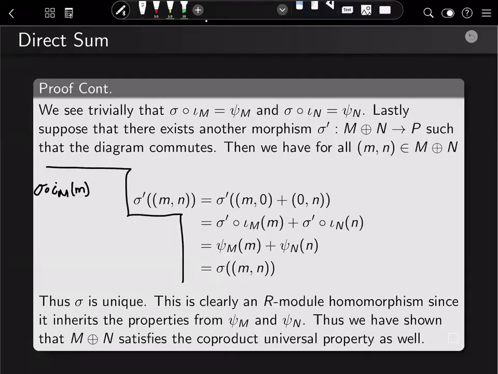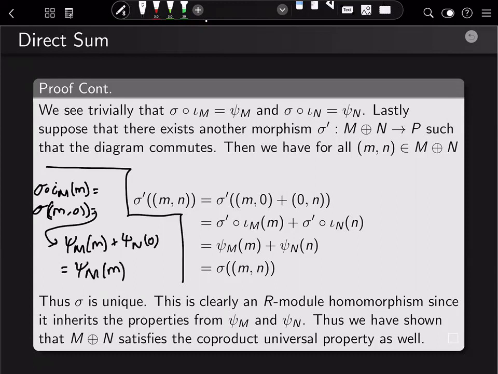well, that's going to be equal to sigma of, now we know that iota injects m onto our element (m, 0), and then sigma of (m, 0) is going to be equal to psi sub m of m plus psi sub n of 0, and we know that psi sub n of 0 must be equal to 0, so this is just going to be equal to psi sub m of m.